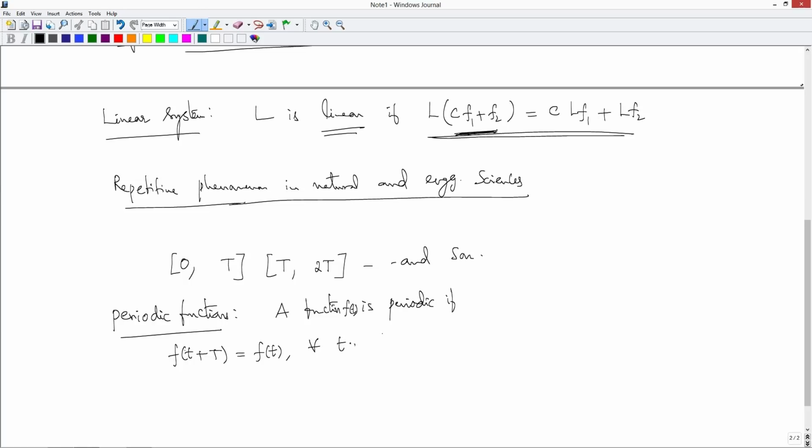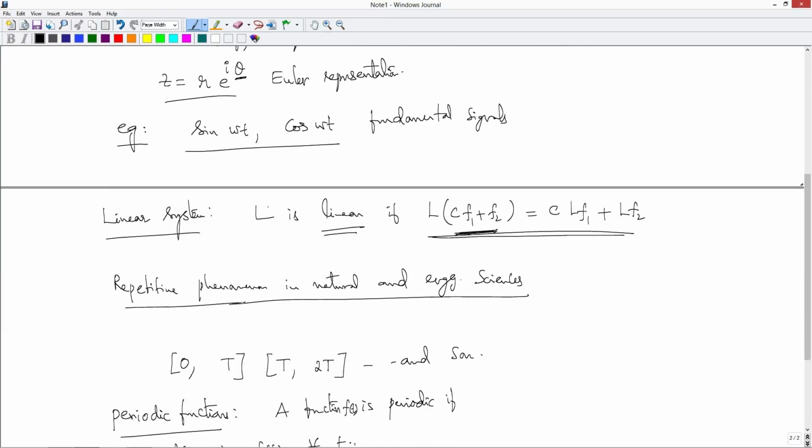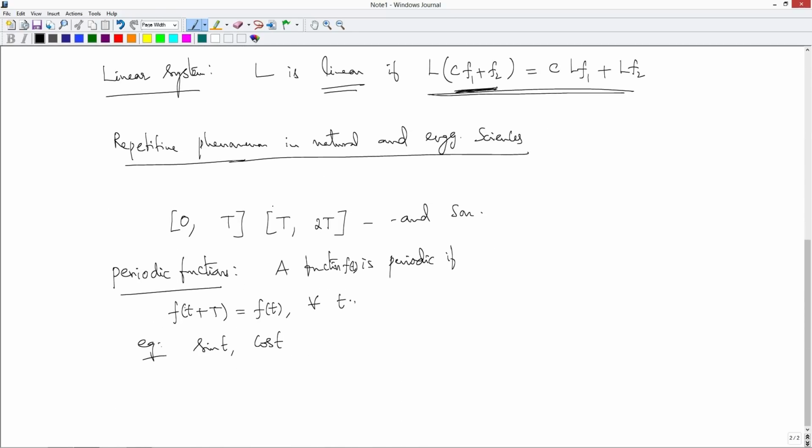Such functions are periodic functions. You know many of these periodic functions, for example sin t, cos t, sin omega t, cos omega t. As I said, these are fundamental signals, fundamental functions. Sin t, cos t are all periodic functions.